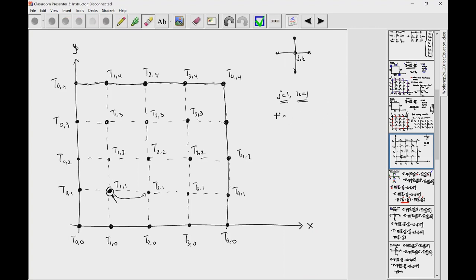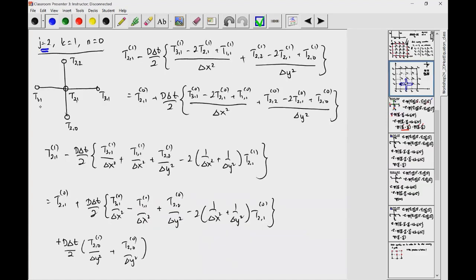So the second point would be J equals 2 and K equals 1. Okay, so when you do it for J equals 2, K equals 1, what do you have? You will have these 5 points as your stencil. So if you look at what you have, the 5 points would be your 1 1, 2 1, 3 1. There'll be a J minus 1, J, and J plus 1. And then you have 2 2, 2 1, and 2 0. So that will be your K plus 1, K, and K minus 1.